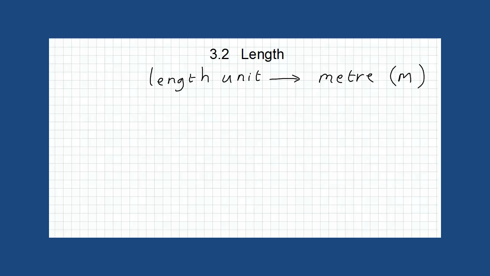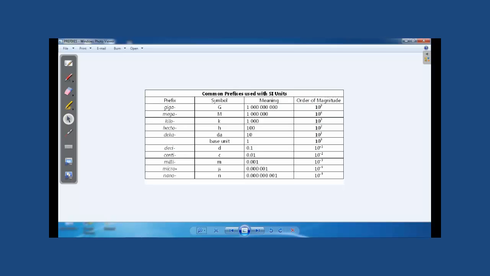Now, let us learn how we can apply the prefix table to change or convert between these units. Let us go back to that table. Do you remember these prefixes we talked about last lesson? From the base unit here, if you go up, you will find the deca, hecto, kilo, mega, giga.